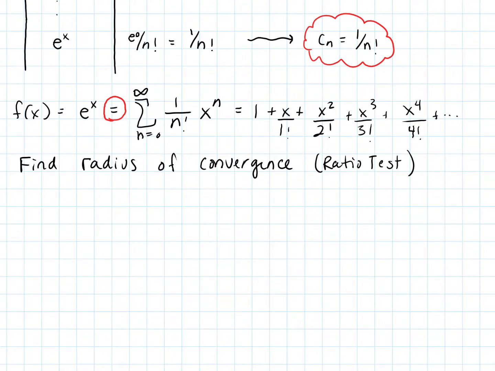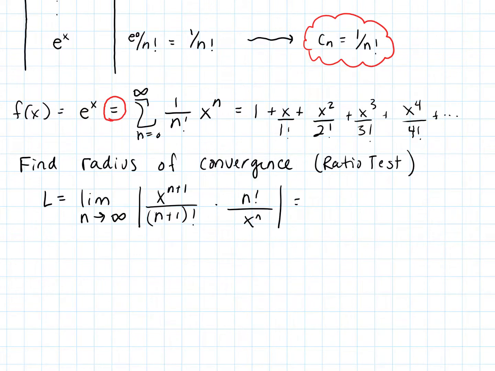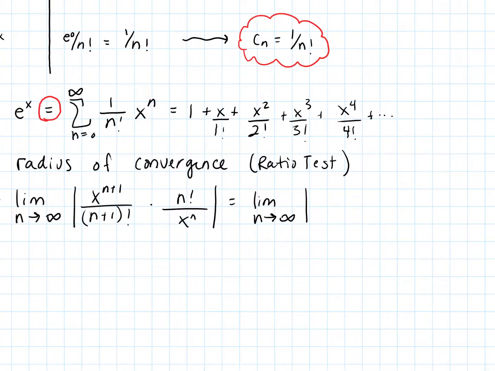We looked at radiuses of convergence, intervals of convergence, and so we're just going to continue that. In the previous sections, we were given the power series representation. This time, we had to come up with the power series representation. So once we've got it, though, limit as n goes to infinity, we're going to have x to the n plus 1 over n plus 1 factorial times n factorial over x to the n, which is the limit as n goes to infinity of simply the absolute value of x when we reduce there.